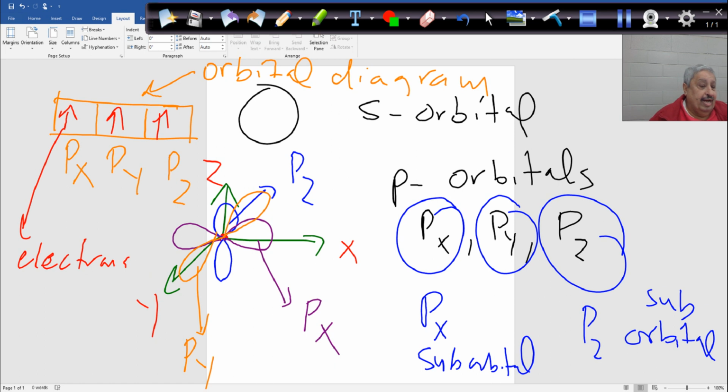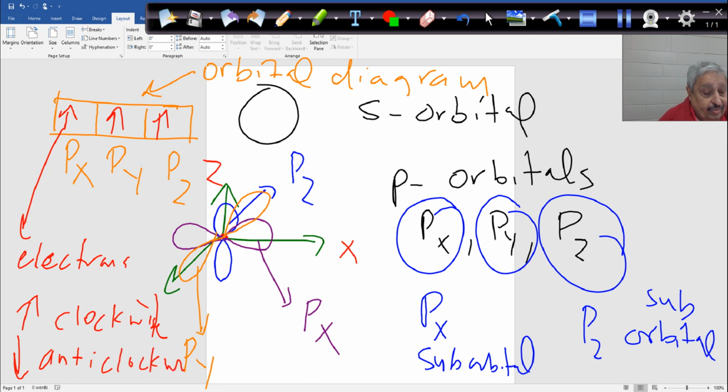Up means they're spinning clockwise, down is counterclockwise or anti-clockwise, spinning around the nucleus. Now we know the s orbital is straightforward, just a sphere.